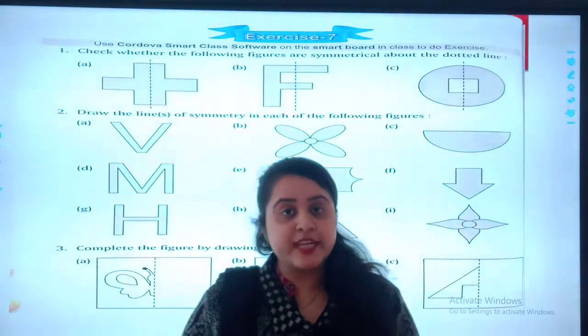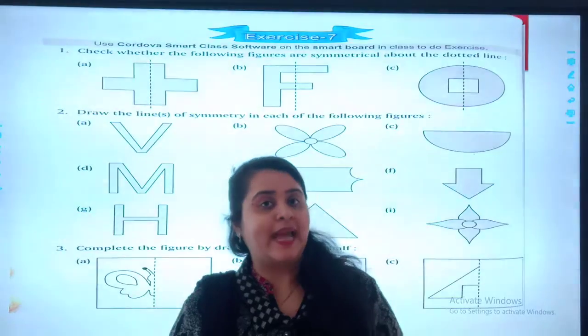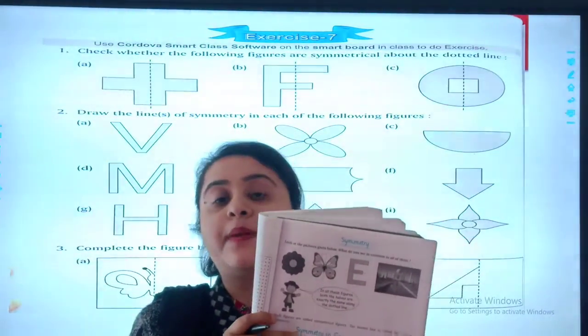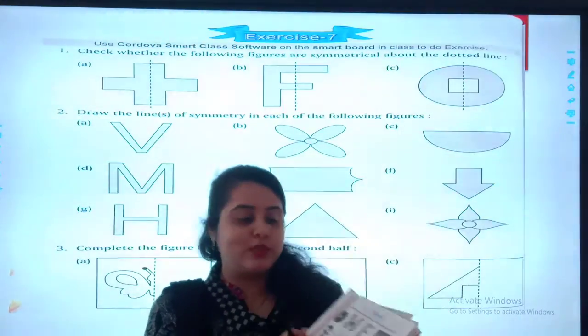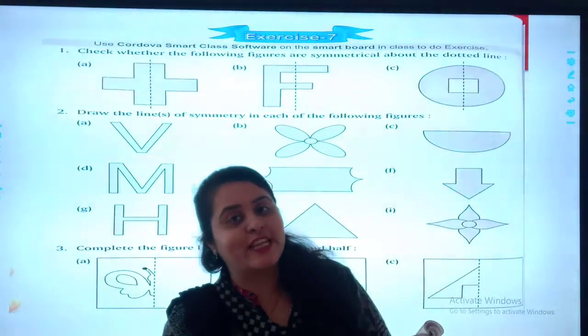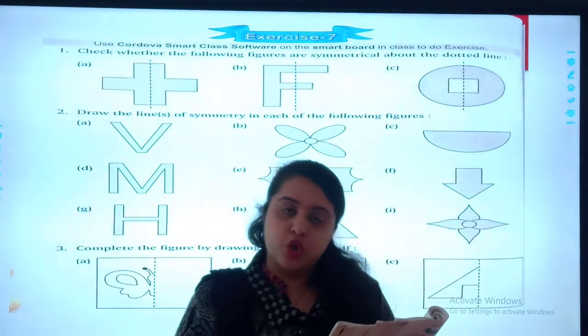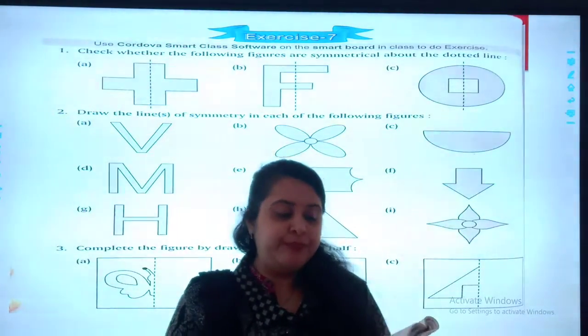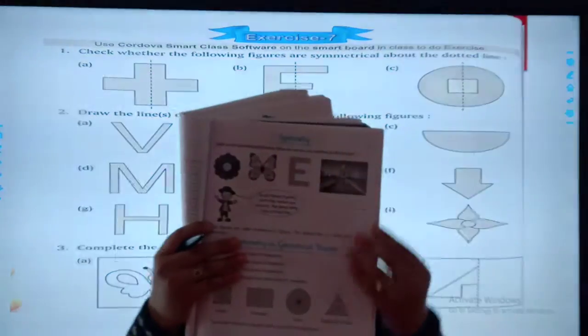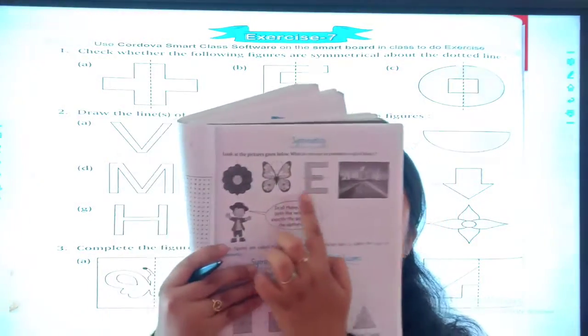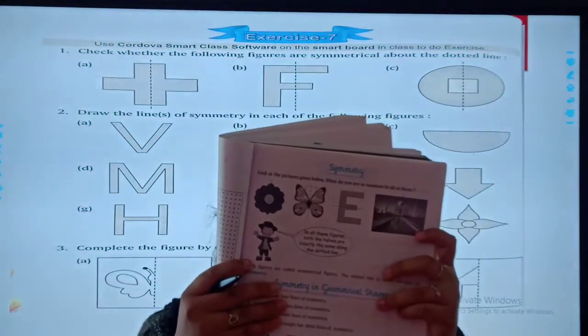Students, open your textbook, page number 99. We will be reading this and we will be understanding this. Let's read the first line together. Look at the picture given below. What do you see in common of them? When we look at this picture, we come to know that this is a flower, butterfly, bee, and one photo is there.